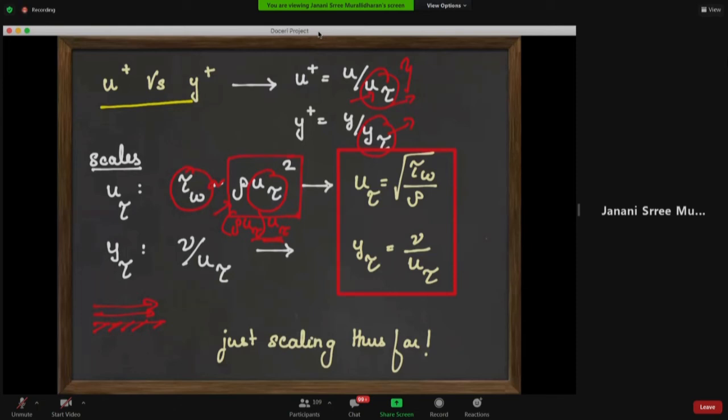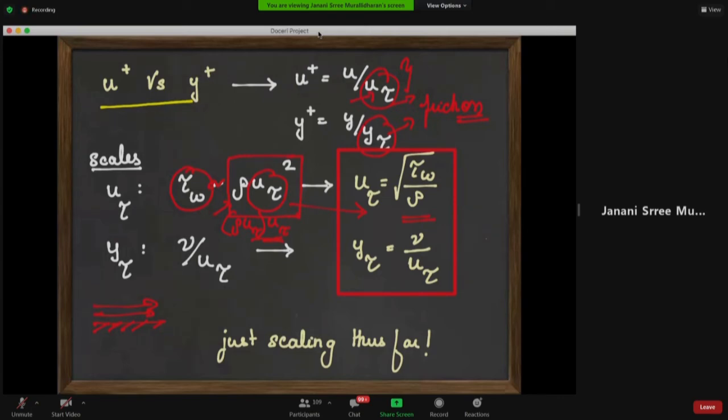This u tau is called the friction velocity, a hypothetical velocity which you have come up with, and you formulate it as tau wall by rho, wall shear by the density, using this same units formula.